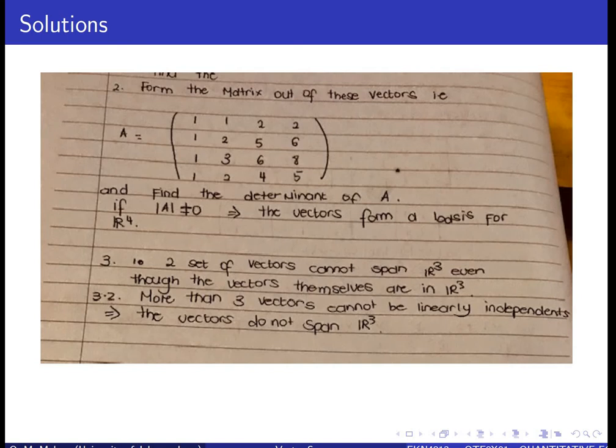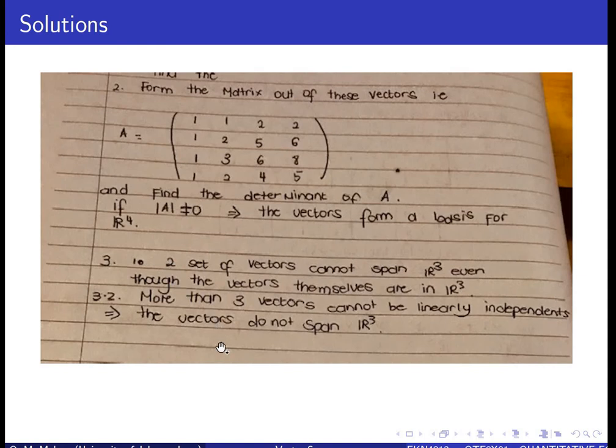Such vectors cannot span R3 because they are fewer than the dimension of the space. It means we cannot take any vector in R3 and express it as a linear combination of these vectors.